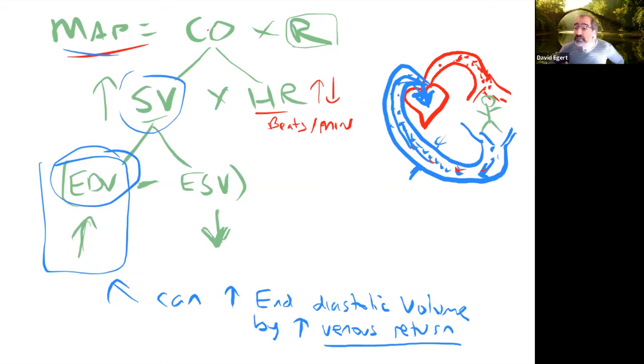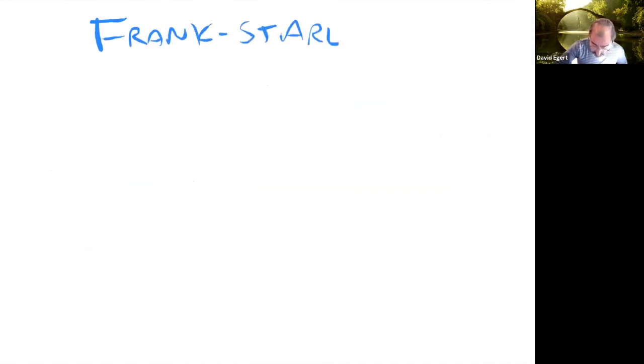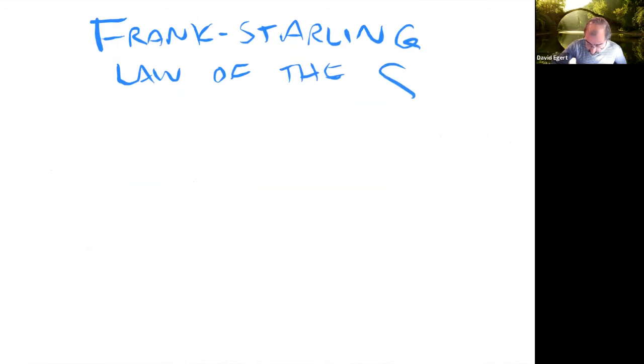This brings up the Frank-Starling law of the heart, which I might as well just throw in right now. The Frank-Starling law of the heart basically says that the heart will pump out all the blood that is returned to it.